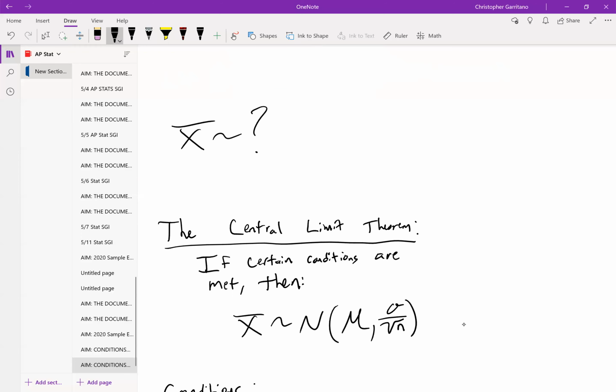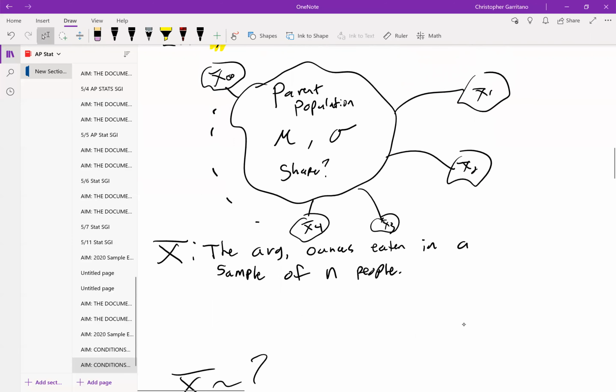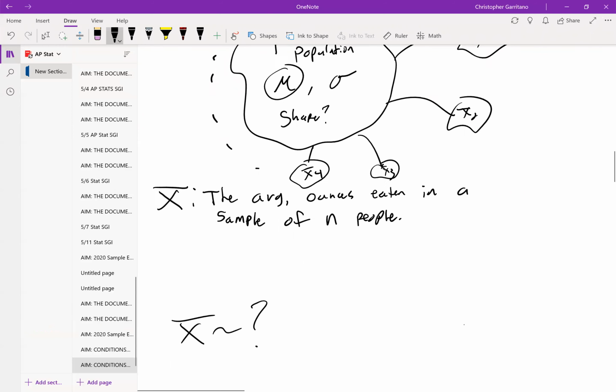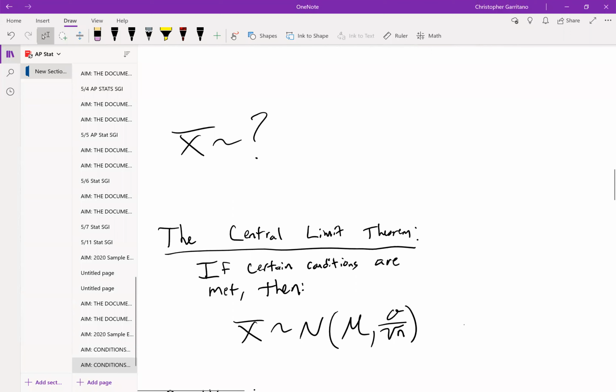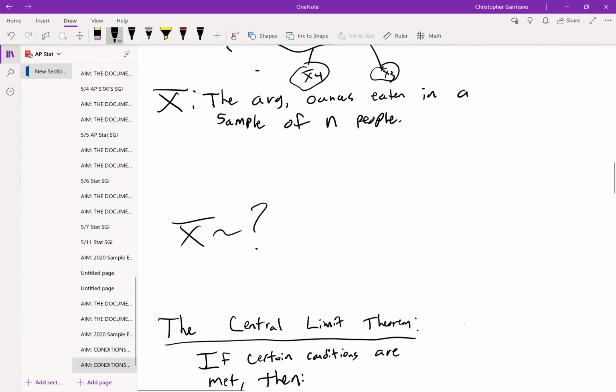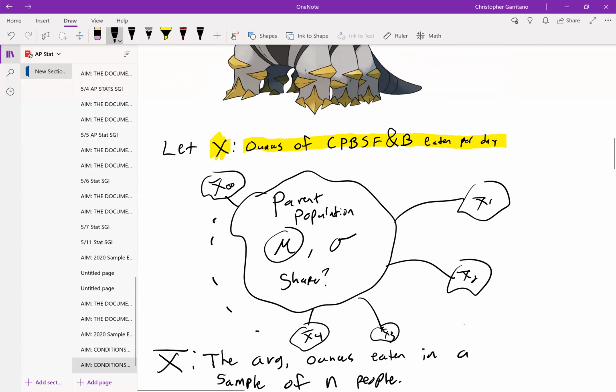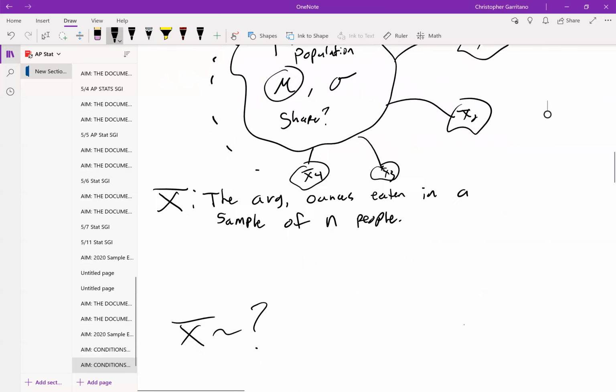They will be centered at the parent population's mean, and the standard deviation, or the standard error, as we use in the context of sampling distributions, so the spread of the sampling distribution of means, will be equal to the parent population standard deviation divided by the square root of n, where n is the sample size of each of these little samples that we selected.